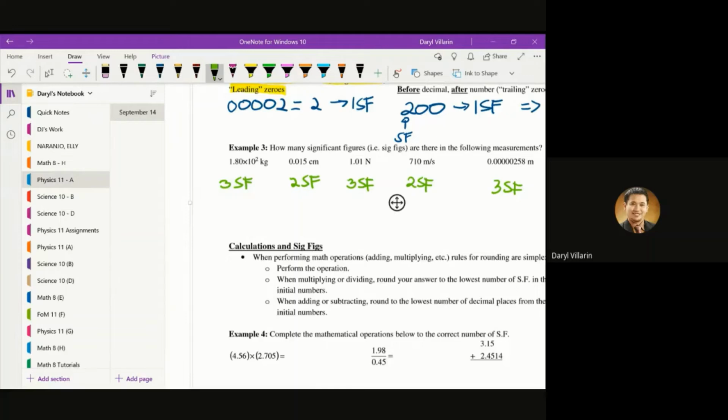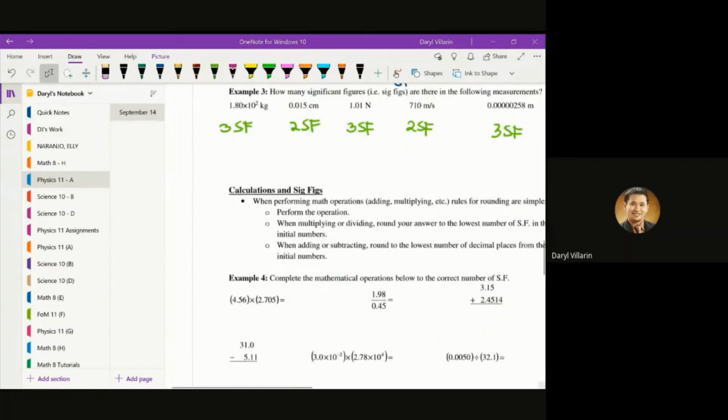But we just follow that one. If you have a 0 after a non-zero and you don't have a specific decimal point, we will not consider that as significant. Any other questions?